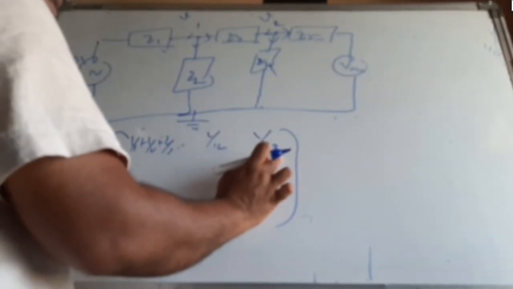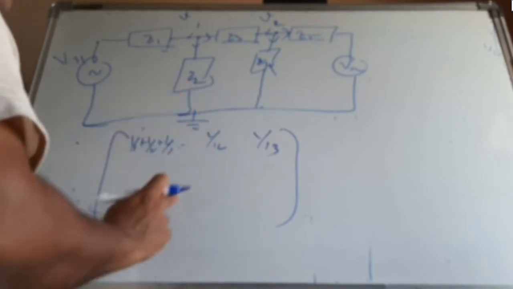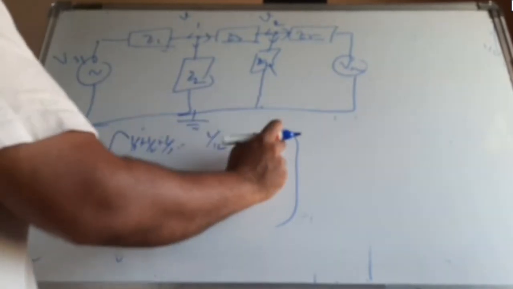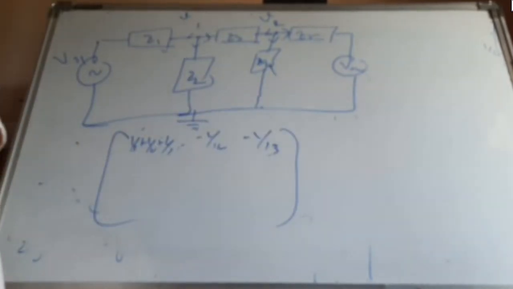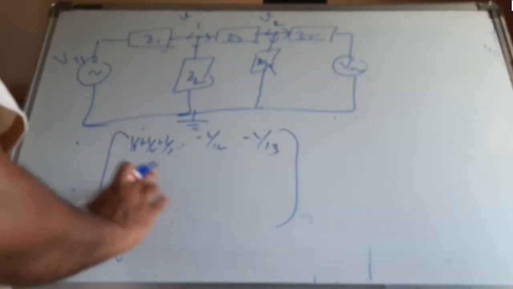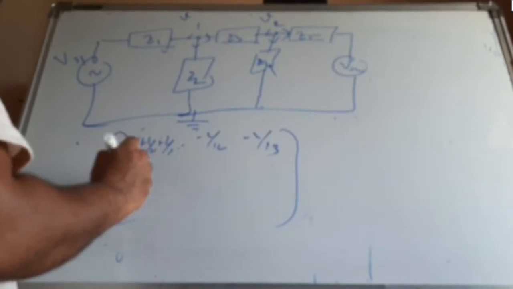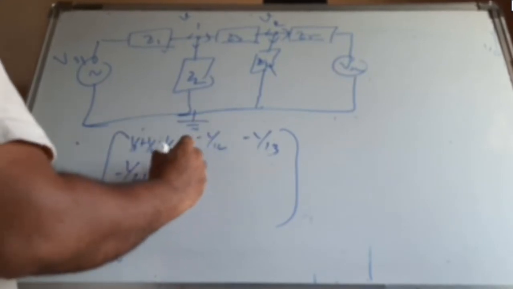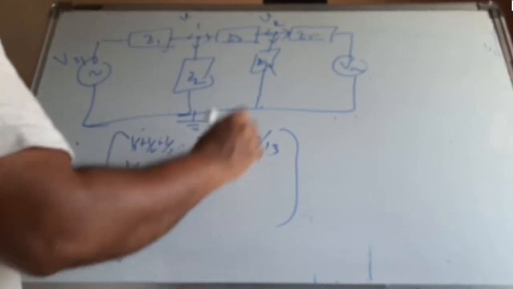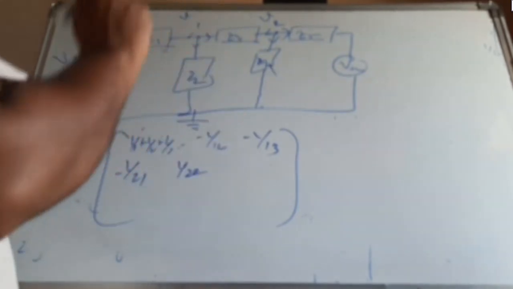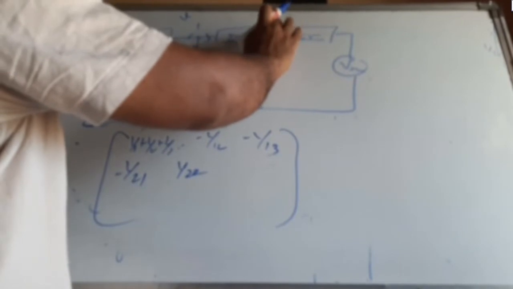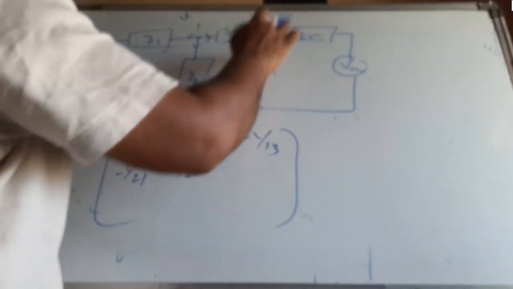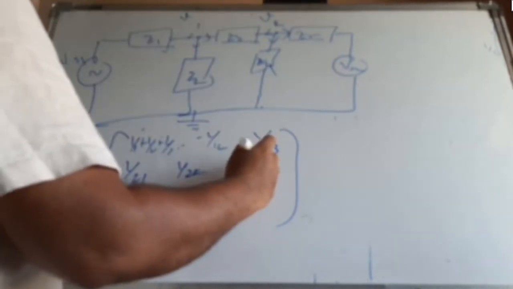Suppose it is a 3 by 3 matrix. If there is any admittance common between 1 and 3, you have to substitute it with a negative sign. This is Y21, and these two are the same. Similarly, this is Y22, the sum of the admittances connected at node 2: 1 by Z3 plus 1 by Z4 plus 1 by Z5. What is Y23?